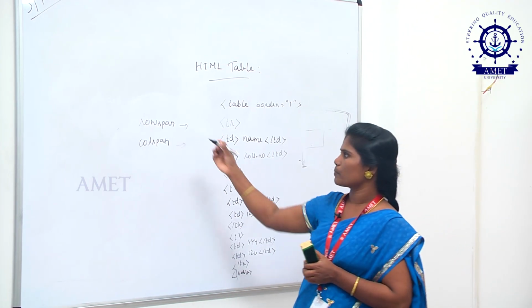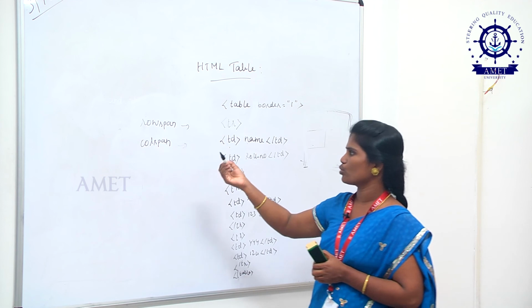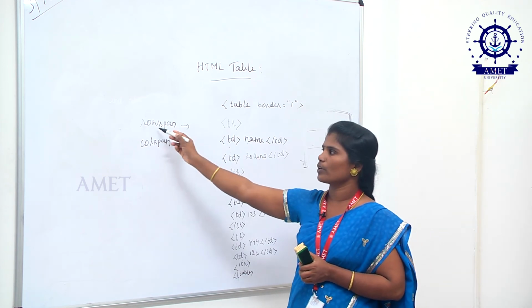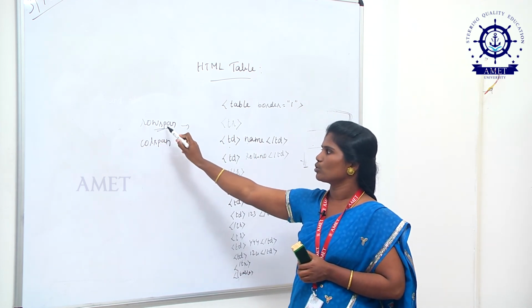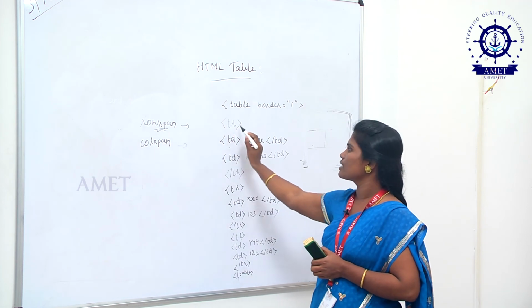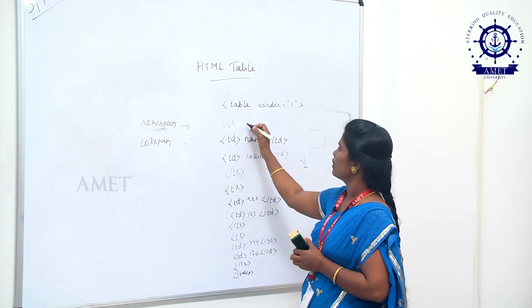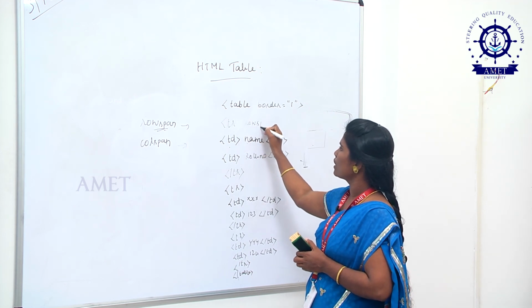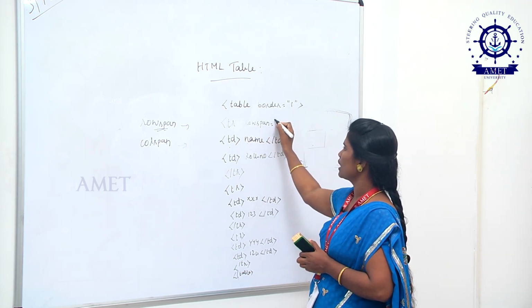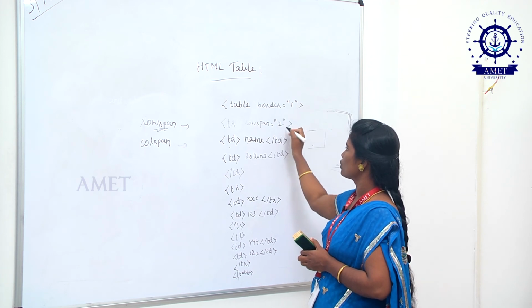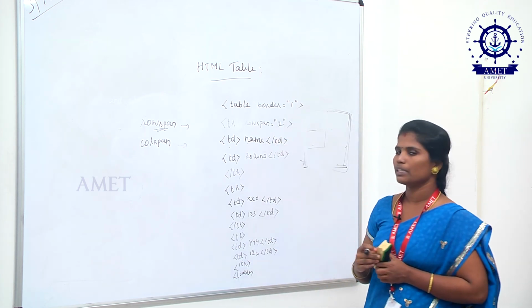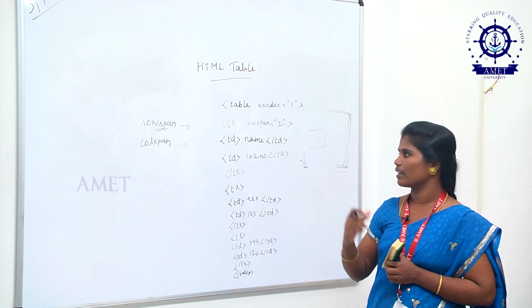So, where we have to specify these 2 attributes? If you want to merge rows, you can go for the row span. This you have to specify inside the tr tag. There you have to give row span, and how many rows you want to merge, that you have to give, 2. So, in this case 2 rows will be merged into one cell.